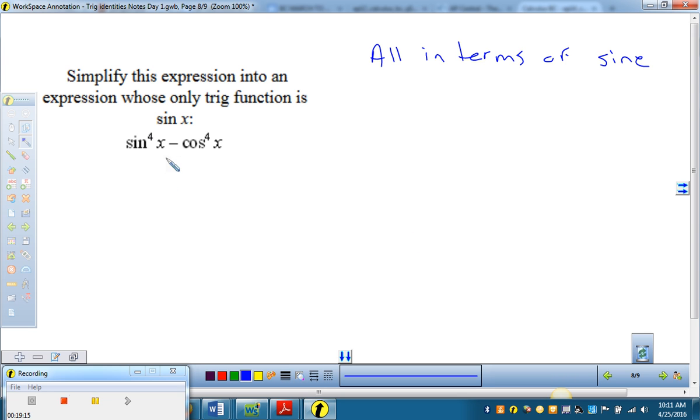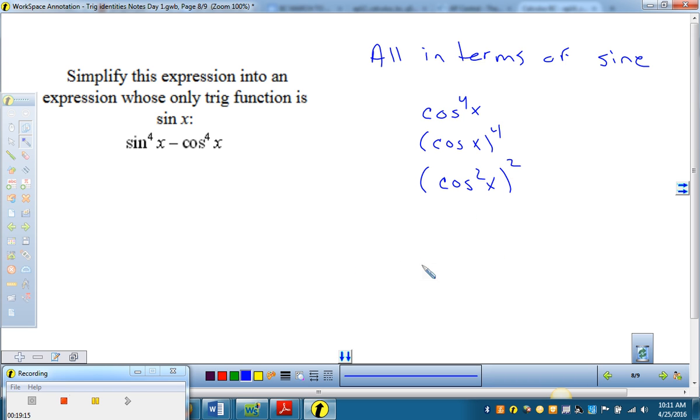All right, well, we already have sine to the fourth x, so that's fine. What we need to realize is that cosine to the fourth x means cosine of x to the fourth, which is the same as cosine squared x to what power? Squared. Right.